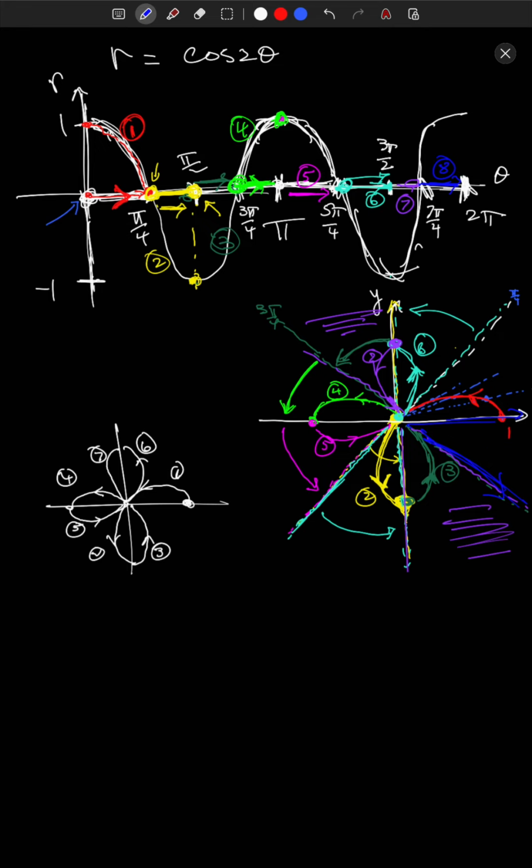Okay. So let's see. We're going from 0 to 1. So 0 is the origin. And by the time we get to the positive x-axis, we should be at a distance of 1. So that guy right there. So this would be number 8. And in terms of just the picture by itself, we were here, and that's number 8.